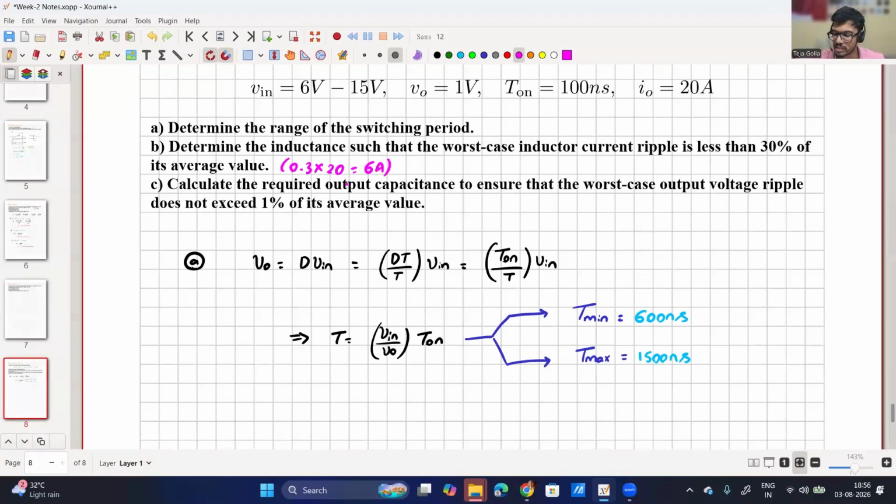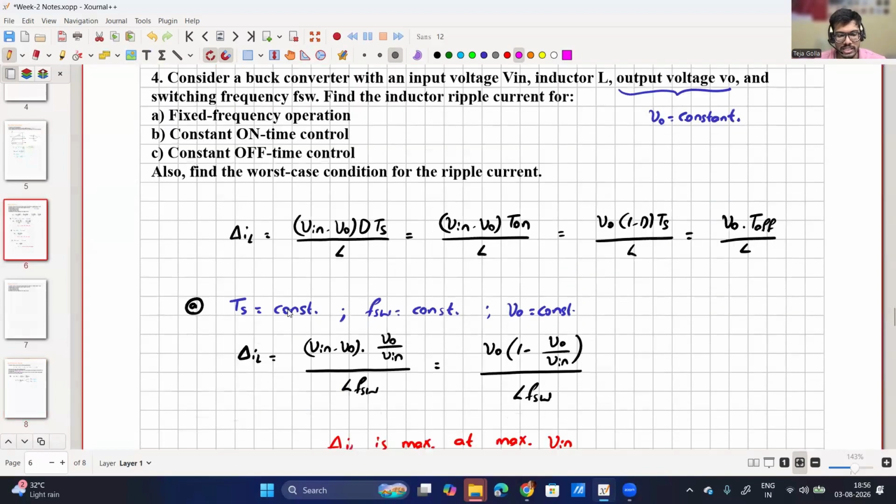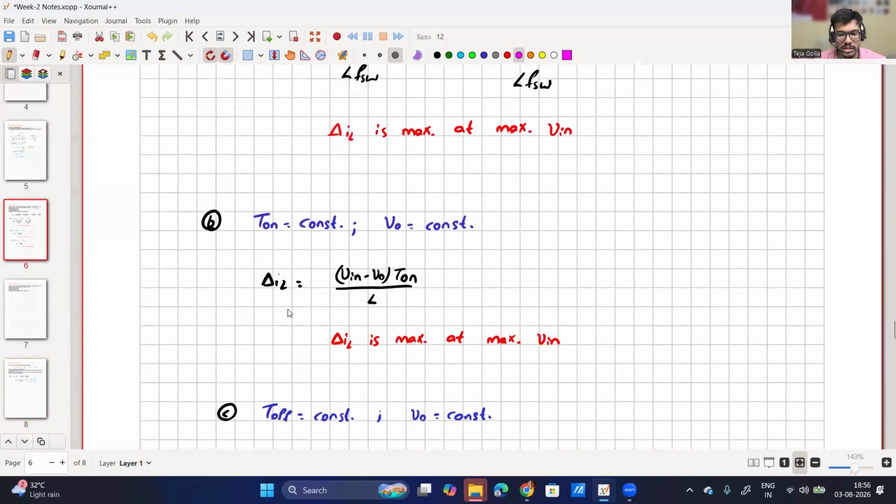As we have discussed, at what condition is the inductor current ripple maximum for constant on time? We have already solved this problem, so that's why I have discussed this part first. So for constant on time buck converter, at which condition is the inductor current ripple maximum? Maximum value of input, right?